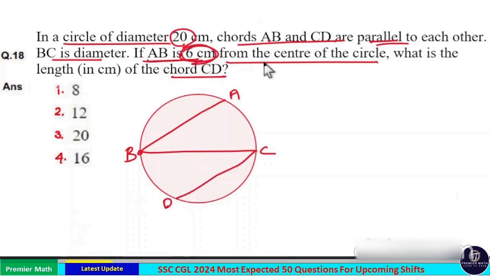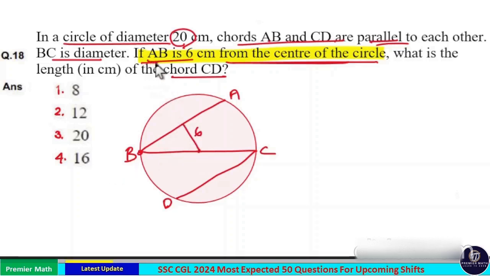And AB is 6 cm from the center of the circle means, don't consider AB length as 6. That is, from the center of the circle, the shortest possible distance to this chord AB is equal to 6 cm.